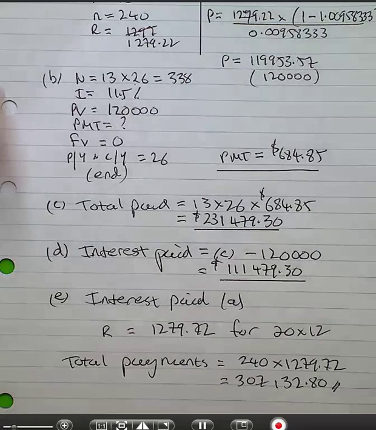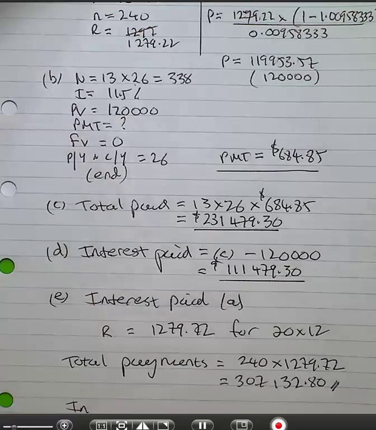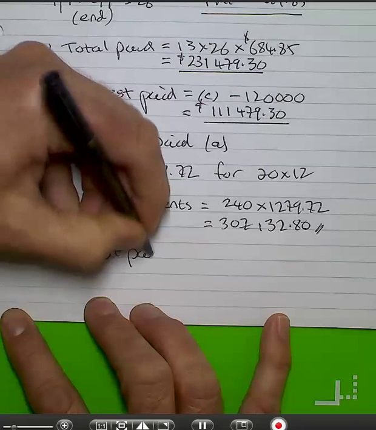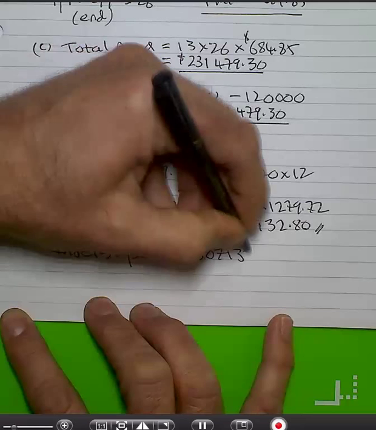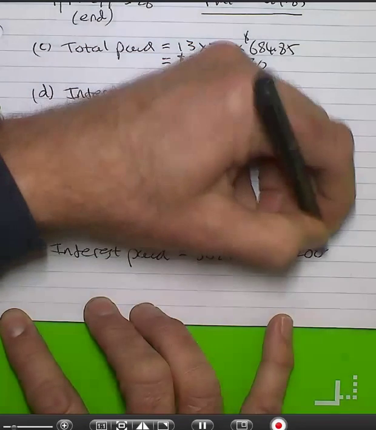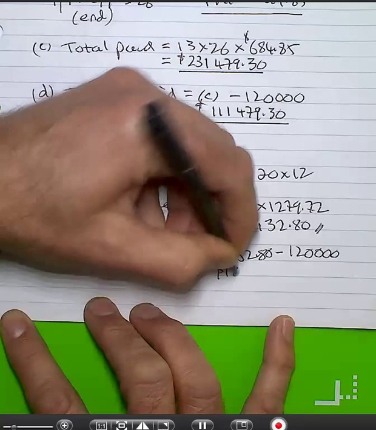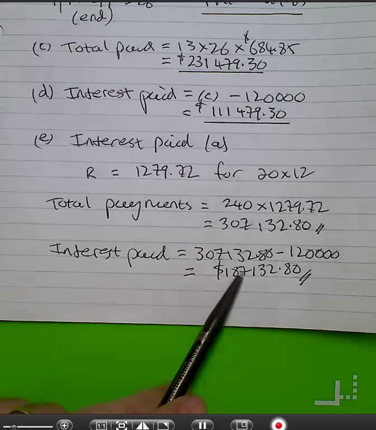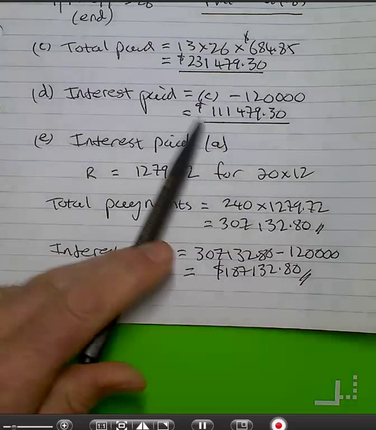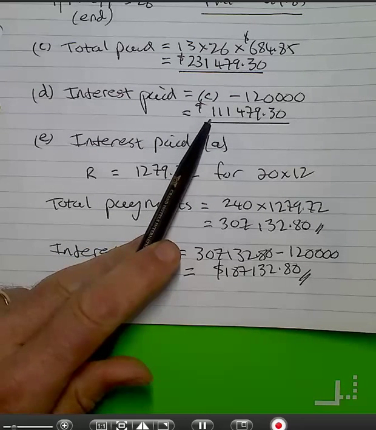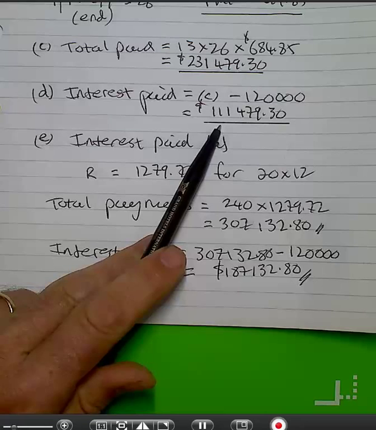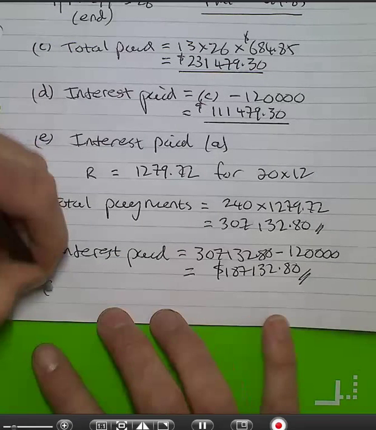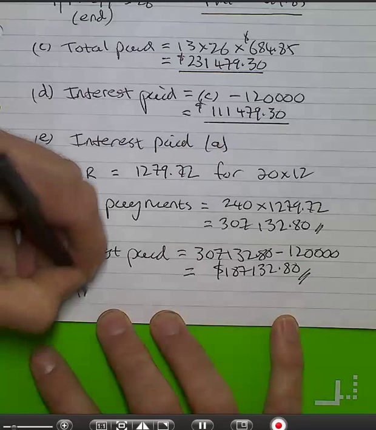And that, of course, is going to give you an interest payment of $187,132.80, which doesn't look too good compared to the $111,479. Now, you could work out the interest difference in part F. I'll let you do that.